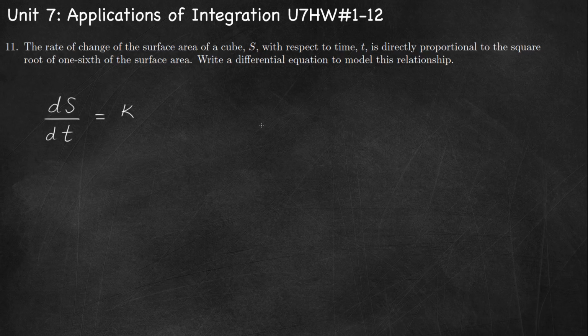What is it directly proportional to? The square root of 1/6 of the surface area. So dS dt equals k times the square root of 1/6 S.